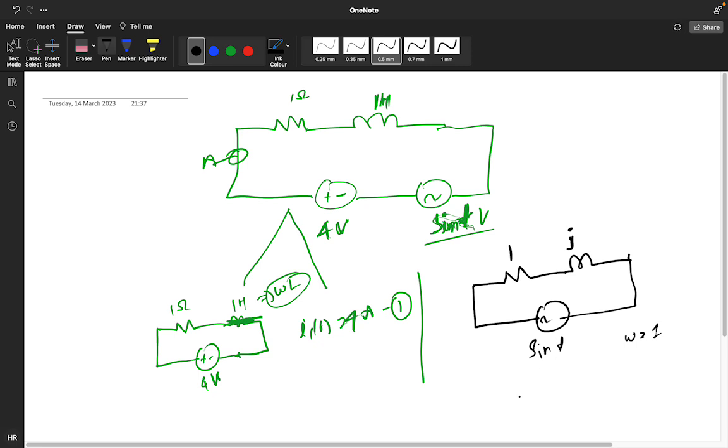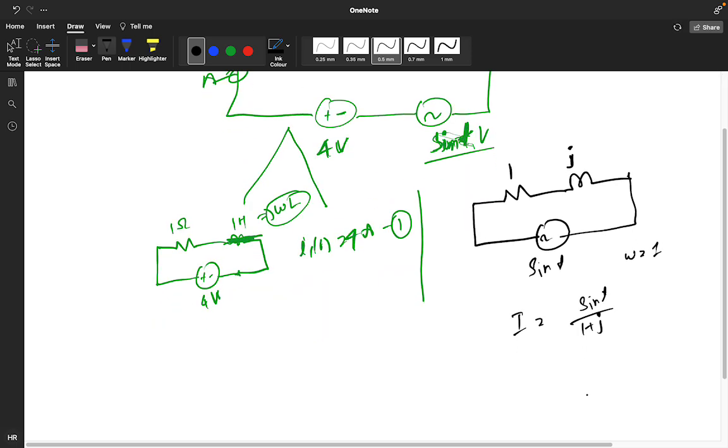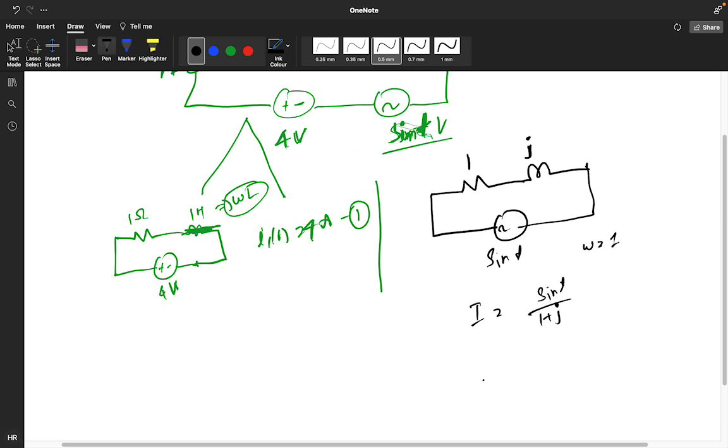Now what current are you getting? I is equal to sin t by 1 plus j. If you solve this, what value will you get?